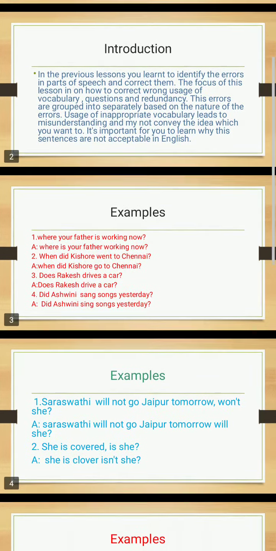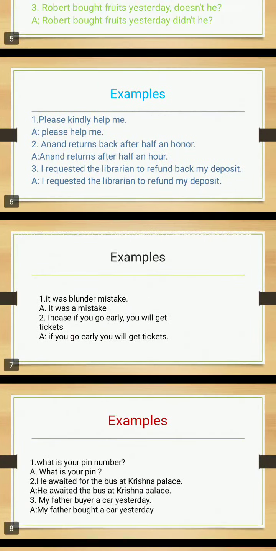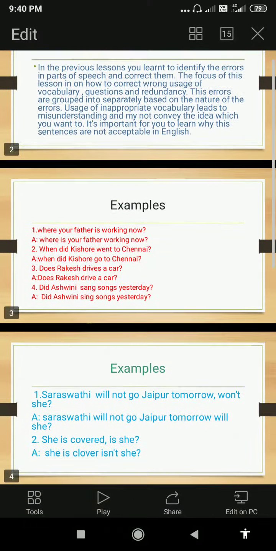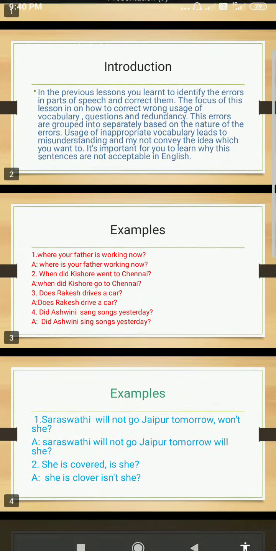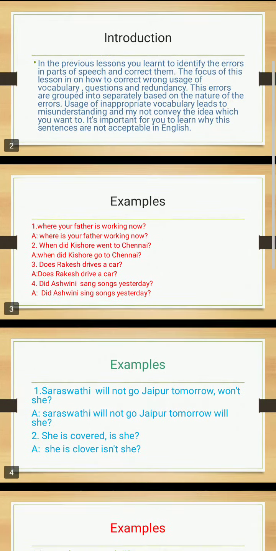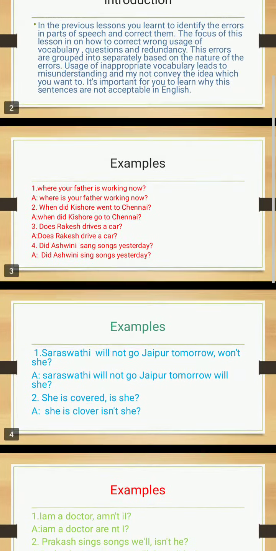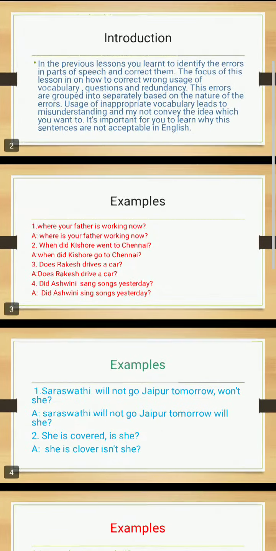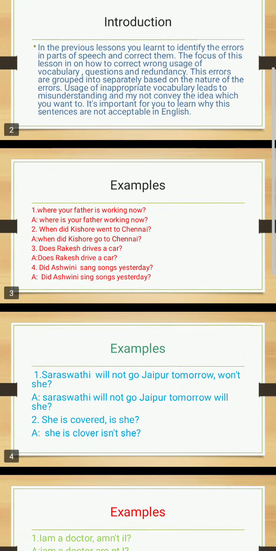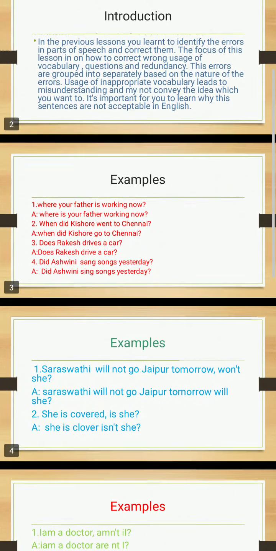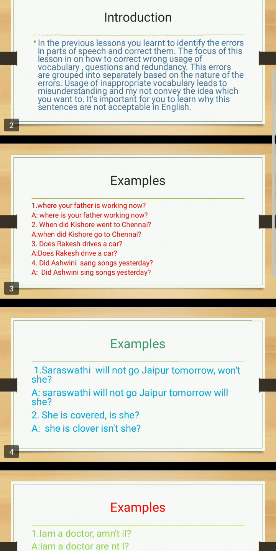It will be given in three modes. Sometimes a paragraph is given in which definitely 10 errors will be there, and they will be given in italics, and sometimes underlined, and sometimes simply a paragraph is given and you have to read it and find the errors.